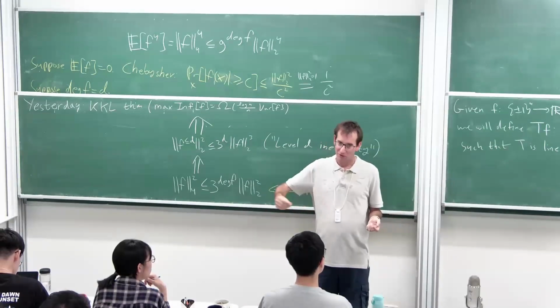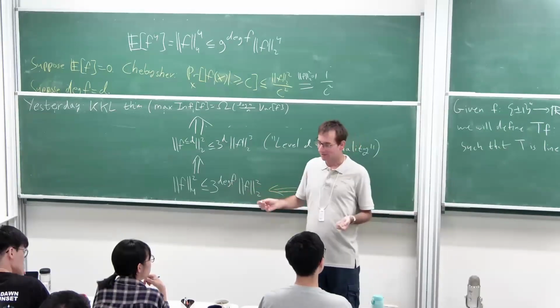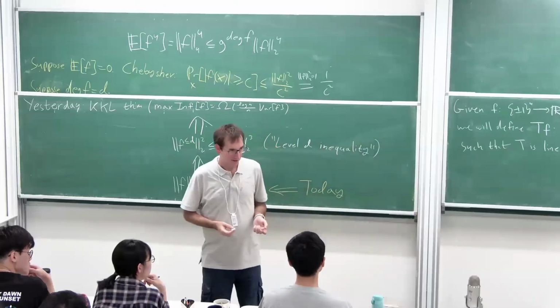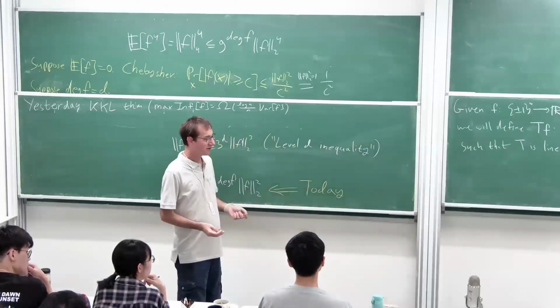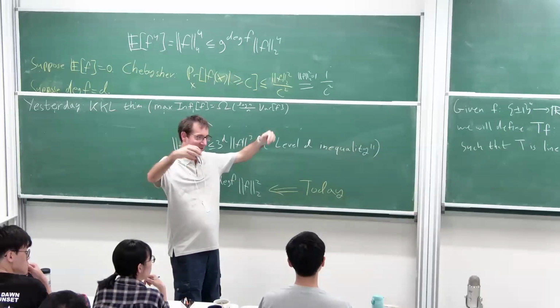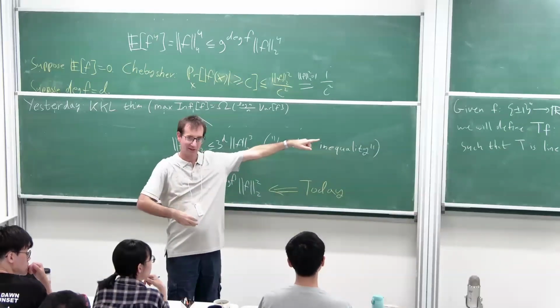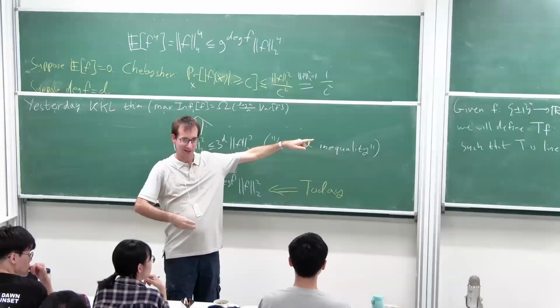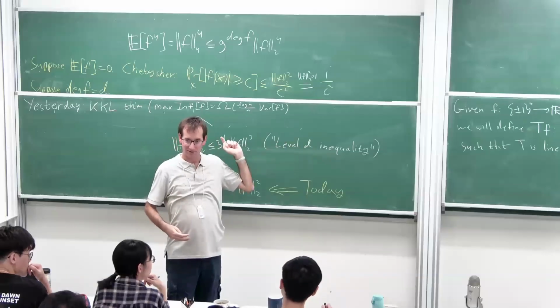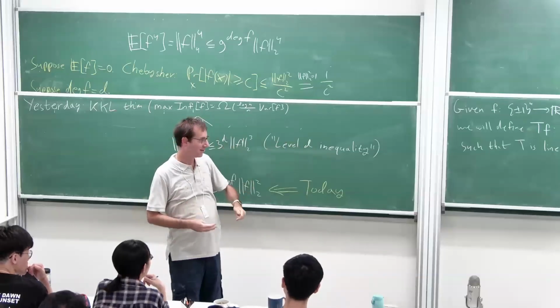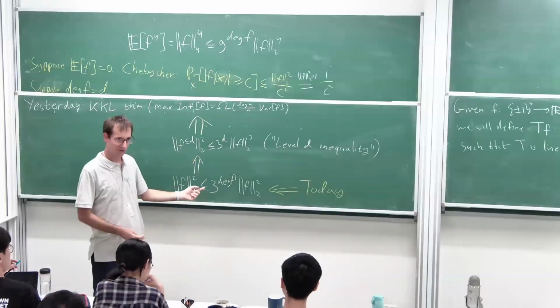But we don't want to do the induction each and every time because these inductions are tricky. So we're going to reduce everything into this single induction, which lies in the proof of hypercontractivity. When we proved KKL, there was no induction. The induction was hidden in the proof of this thing, which will follow directly from hypercontractivity.